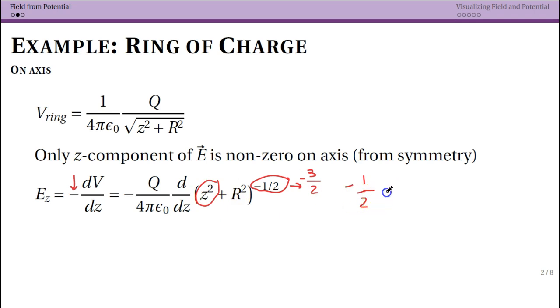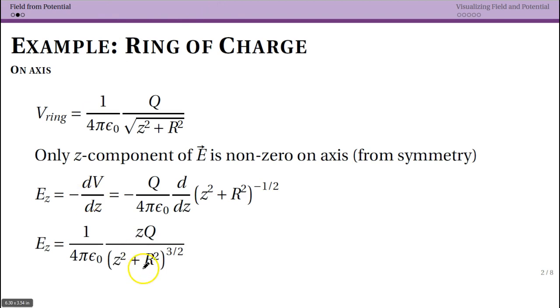But then the z squared is also going to give me 2z. So I see that my 2 and my 1/2 cancels, but I'm going to get a minus sign that comes back and cancels this, and I'm going to have a z on top. So my answer then, like I said, that minus sign goes away, I have a z on top, and now the bottom term has become to the 3/2 power.